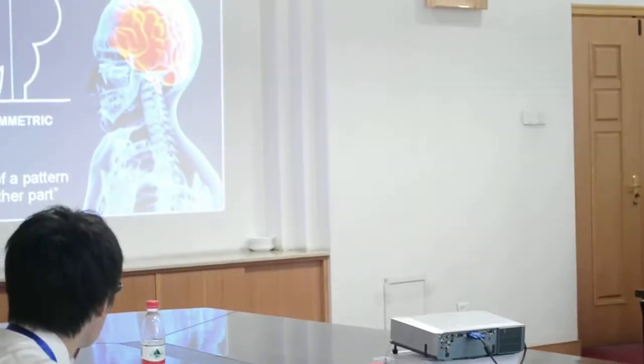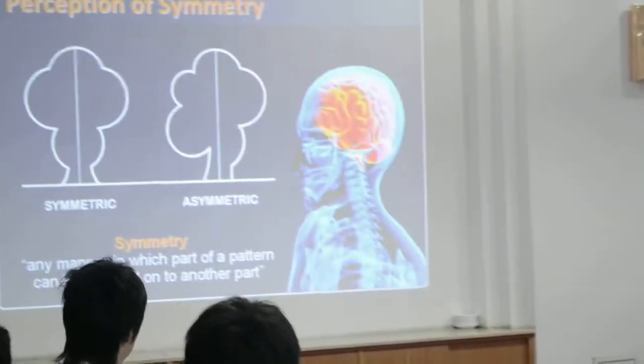As you know, symmetry is a general concept that refers to any manner in which a part of a pattern can be mapped onto another part. And as you can easily conclude from these two pictures, one is a symmetry and one is the violation of symmetry, also known as asymmetry.